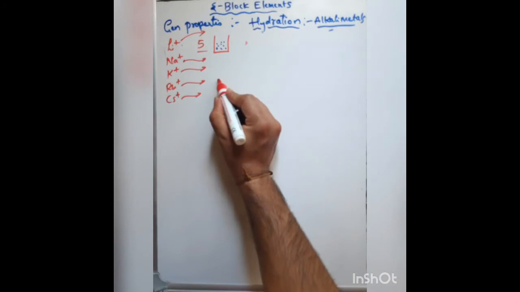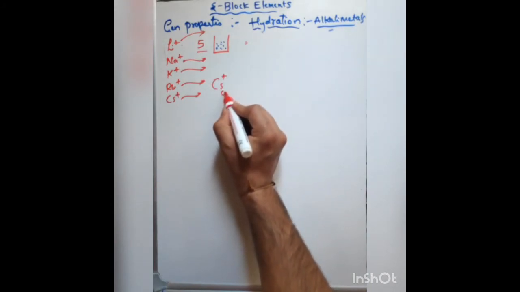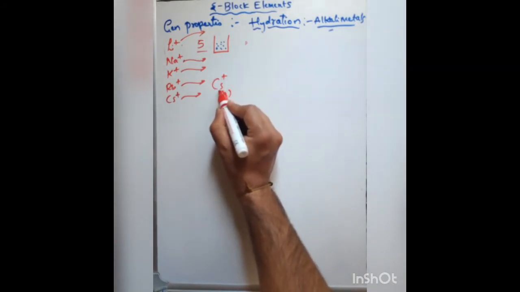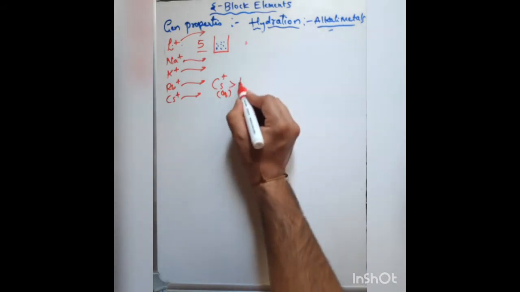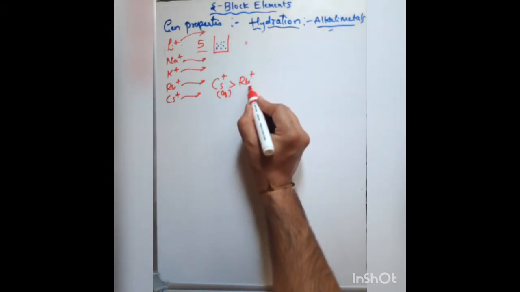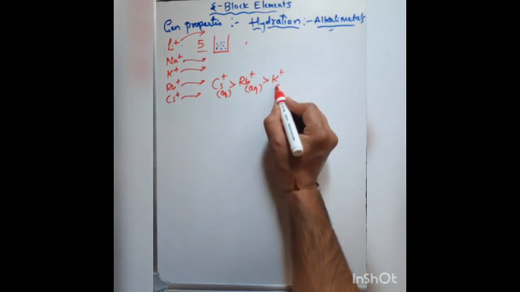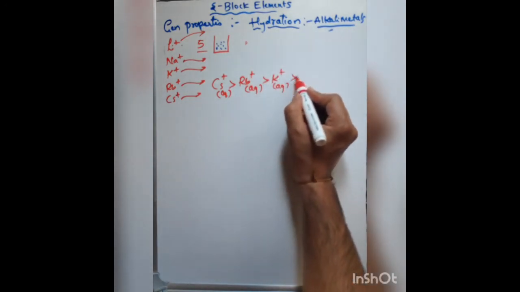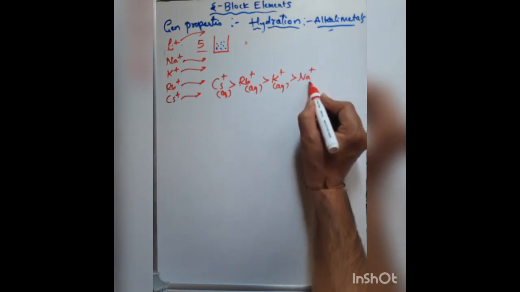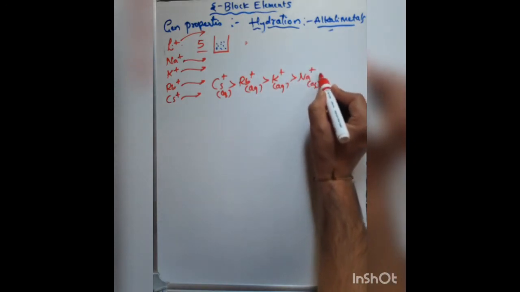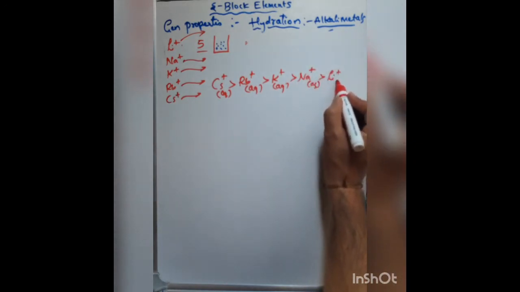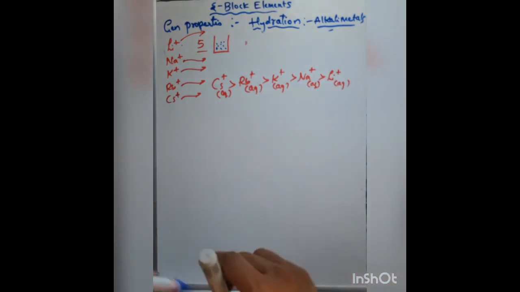So cesium aqueous is more mobile than rubidium aqueous, which is more than potassium aqueous, which is further more than sodium plus aqueous, which is further more than lithium plus aqueous.